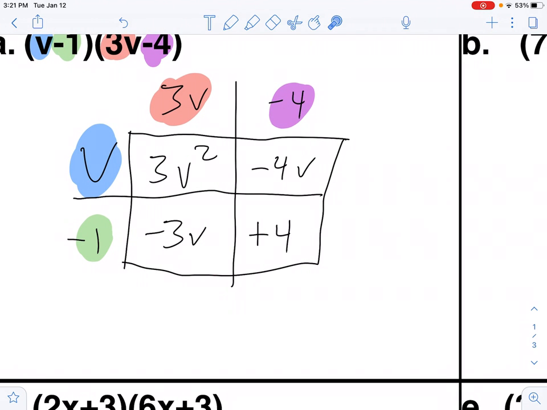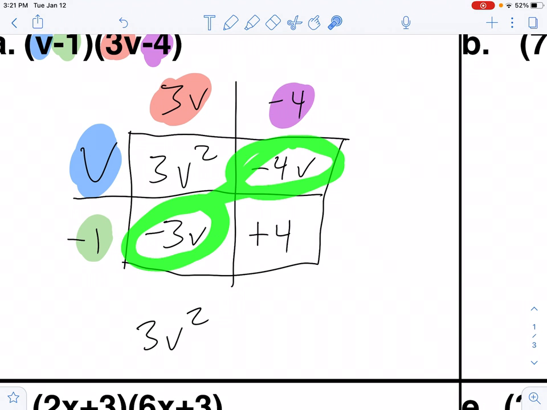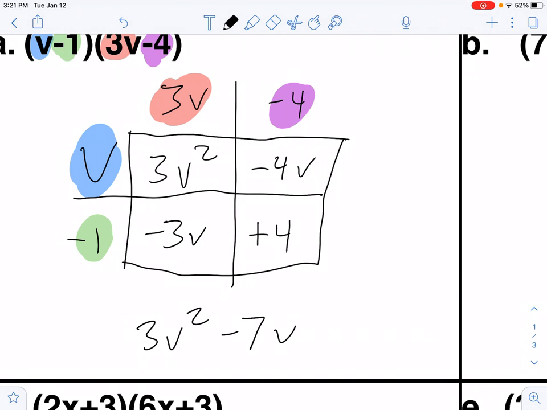When we build these boxes out, our diagonals are going to be like terms. So 3v to the second has no other v to the seconds to combine with. So 3v to the second power is just going to stay. Diagonally, I have a negative 3v and a negative 4v, and so those are going to combine to give me a total of negative 7v's.